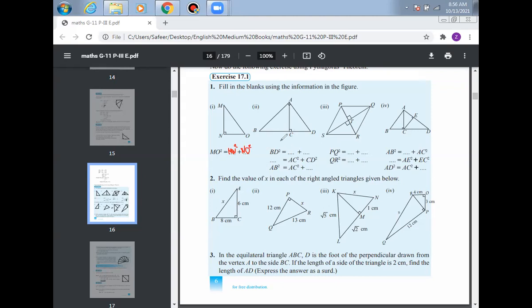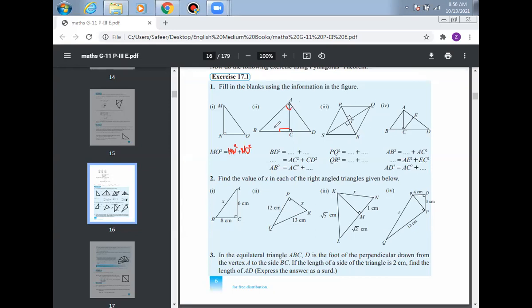In this triangle, two right angle triangles are there. Here one right angle, then this side also another right angle. Then here there is another right angle. So here BD. So BD means this one. So then they have taken this right angle. The big right angle is taken, this one.